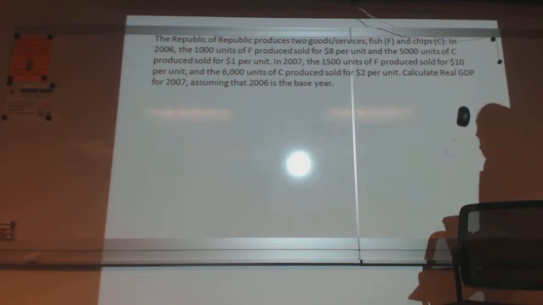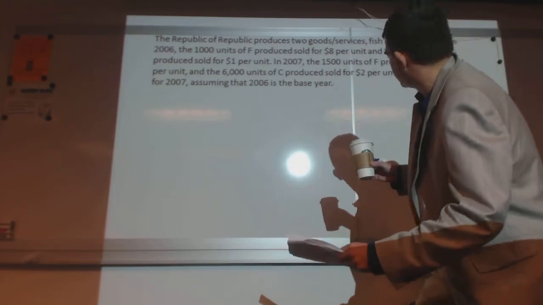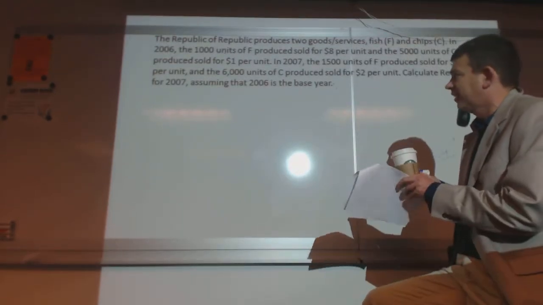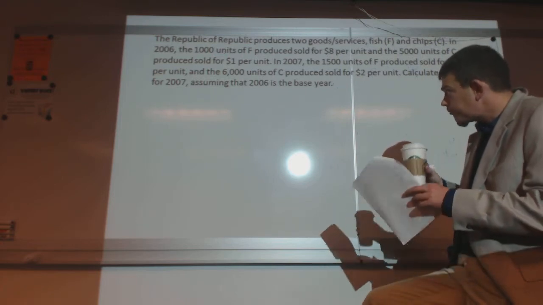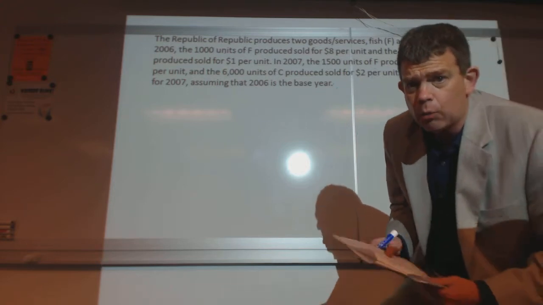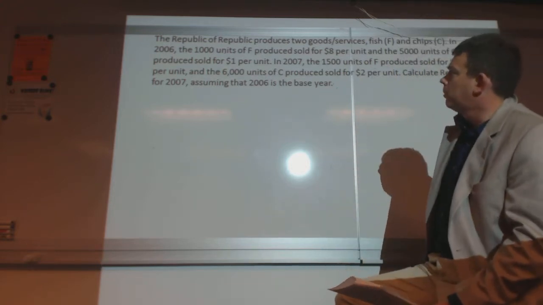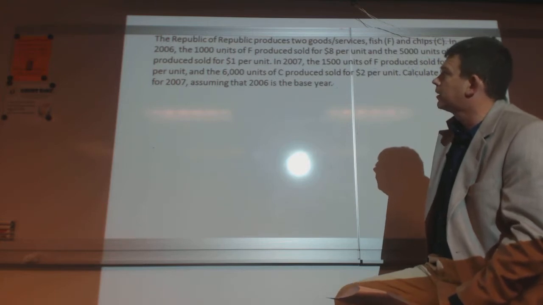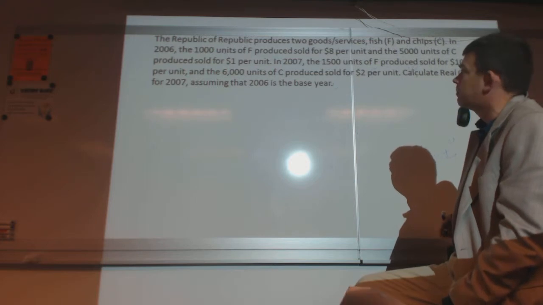It says here, the Republic of Republic, that's a great name, only produces two goods, fish and chips. Again, this is a real simple model, but it is going to illustrate what we're doing here. For those of you that can't read this, I'll read it to you. The Republic of Republic produces two goods and services, fish and chips.